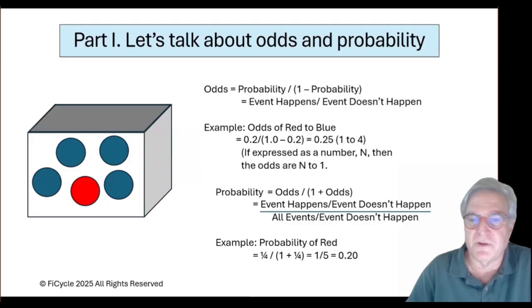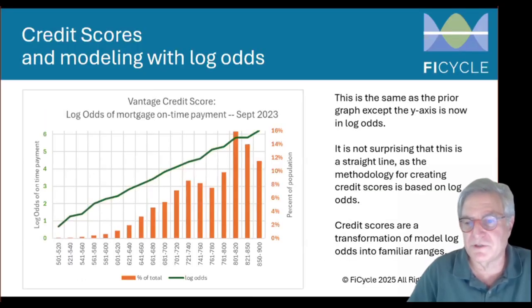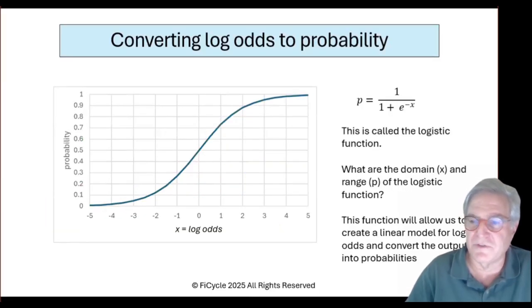As I mentioned, this is part 3 of a 4-part series. In part 1, we talked about odds and probability. Then we looked at credit scores and the results of credit scores versus delinquencies on a log odds scale. We looked at the formula, the function called the logistic function, P equals 1 over 1 plus e to the minus x.